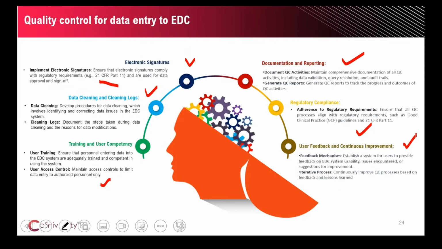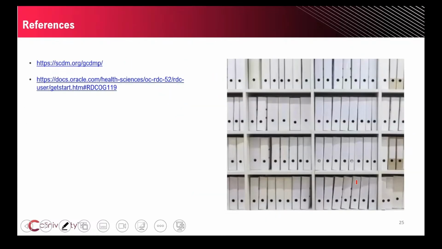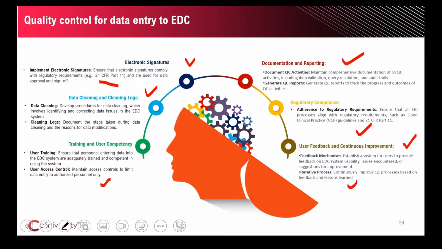Then there can also be improvements by regular sharing of the different kinds of QC process feedback. You can develop better processes so that fewer errors are introduced right at the beginning. And with this, we have taken care of data entry in great detail. Thank you.